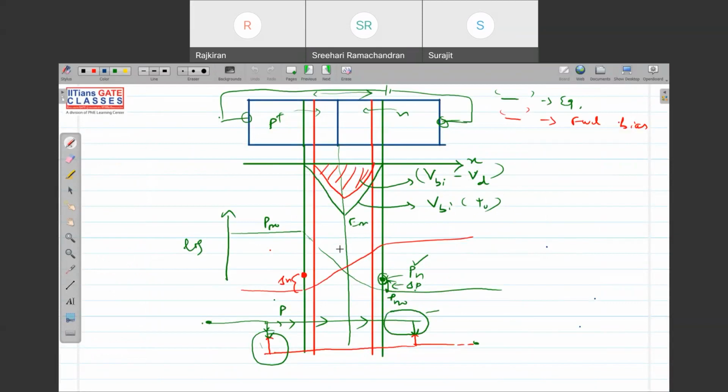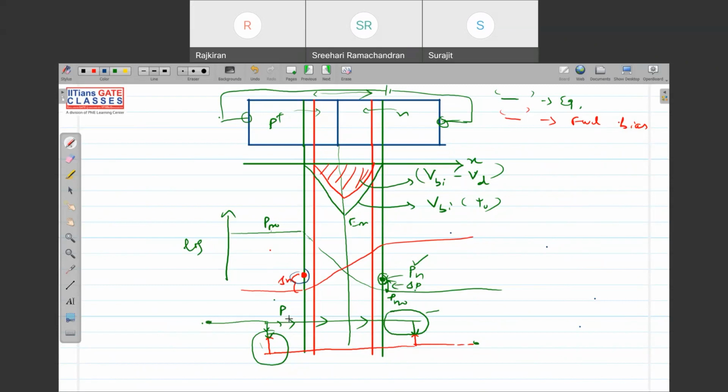See what happens when we apply forward bias. The holes will be injected from p side to n side, so at the junction there is an increase in hole concentration. Similarly, the electrons will be injected from n side to p side, so at the junction I have more concentration of electrons than in equilibrium. We have given a flow diagram.